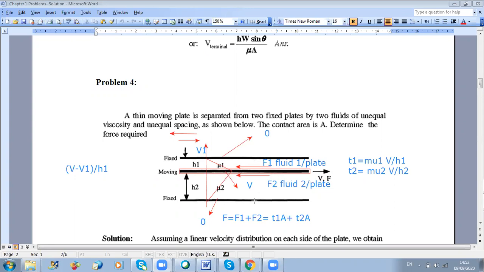However, if you take the fluid as a system, then the force of the plate on the fluid will be this one for the second fluid and this one for the first fluid. Okay? Did you understand this? Yes, I understood and I heard the first time. Okay. Any other question on this?